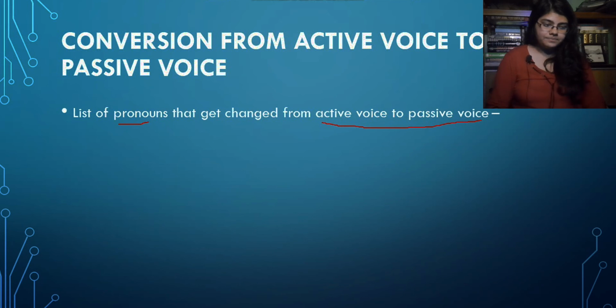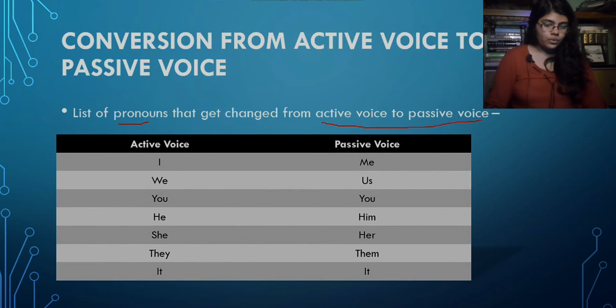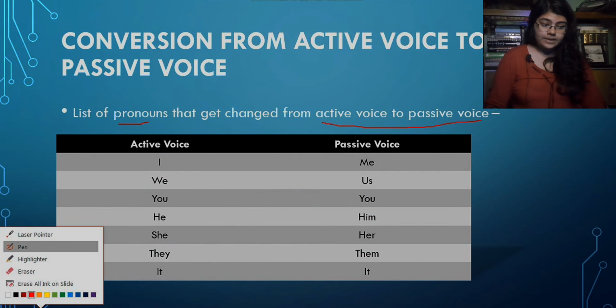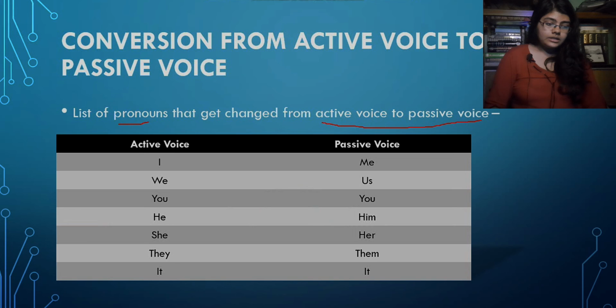Alright, let's see. So, this is the list. Here, this is the active voice portion and this is the passive voice portion. These are the words. If these words are present in active voice, in the passive voice, the words will get changed into these words. Let's see.